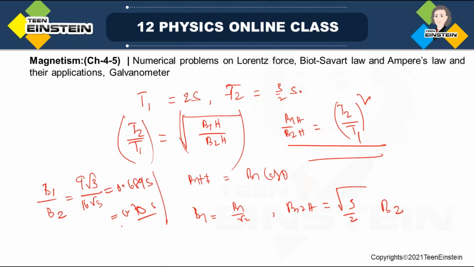So I have written B1 cos of 45 degrees, and B2H is B2 into cos of 30 degrees. We put those here, and if we simplify to get B1 and B2, we will be able to solve the problem.